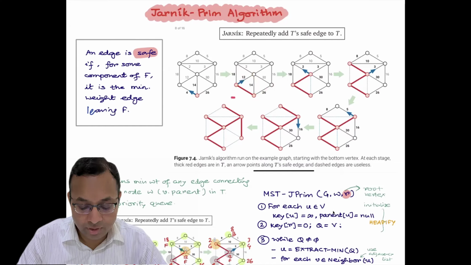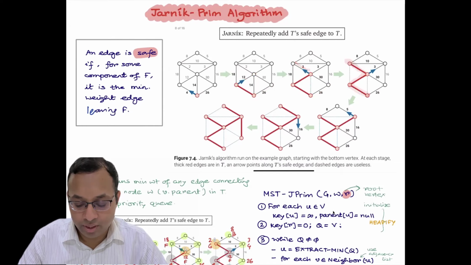So we add 12. So now T becomes this. Then among all the edges leaving the component, 18 to this, we find 2 is the minimum one. We are no longer considering this edge because it is a useless edge. Both the endpoints are in the same component T. Then we add 2. Then this becomes T.